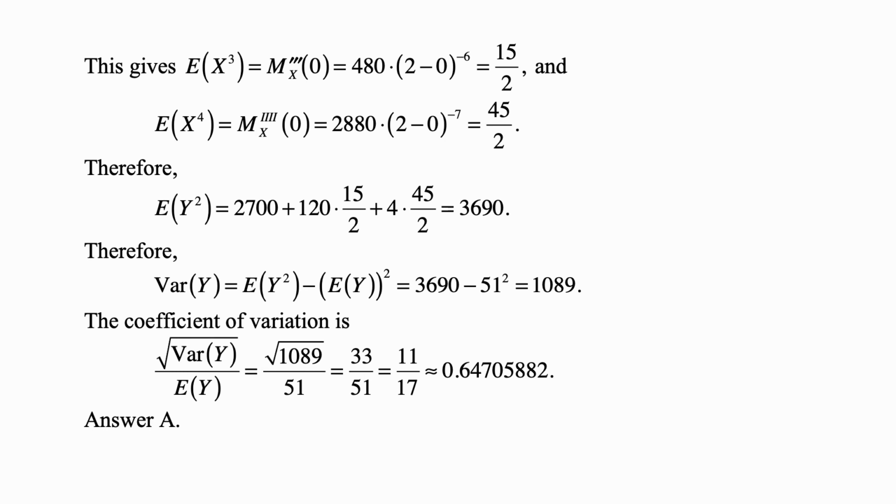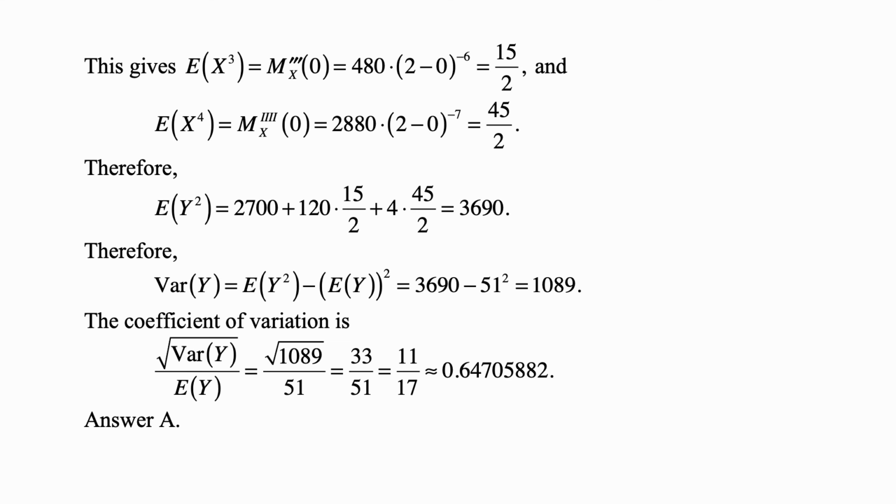Therefore, E of Y squared is 2700 plus 120 times 15/2 plus 4 times 45/2, and that's 3690. And therefore the variance of Y is E of Y squared minus the mean of Y squared. That's 3690 minus 51 squared, and that's equal to 1089.